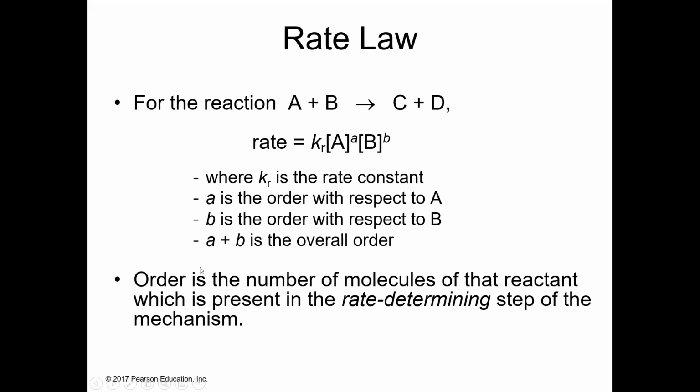The sum of small a plus small b is the overall order. Order is the number of molecules of that reactant which is present in the rate determining step. So if there's more than one step in the reaction, it's going to be the rate determining step. And if we have several steps, the rate determining step is the slowest step.